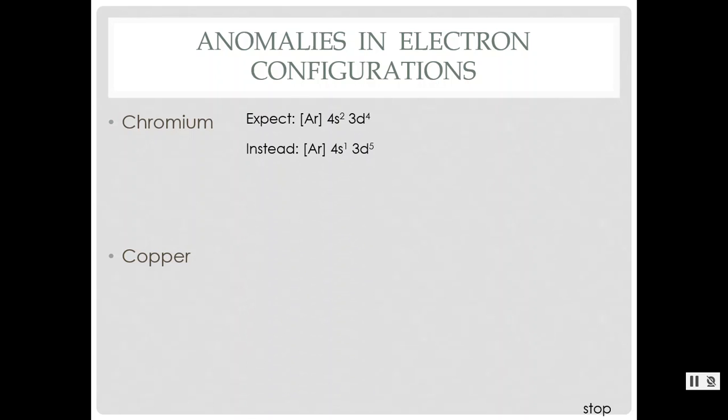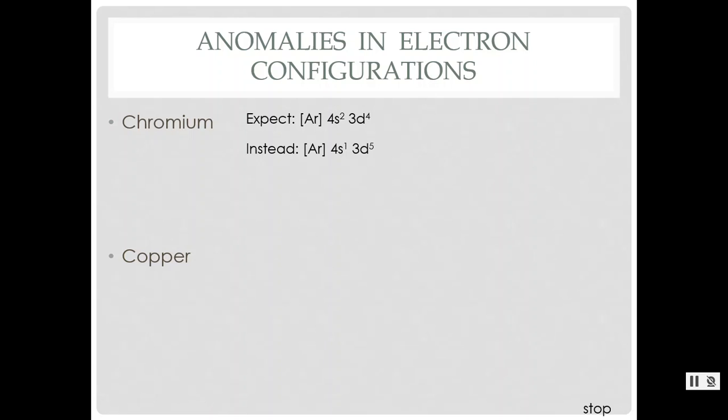Well, it turns out that if you look it up in your chemistry book, or in any chemistry book, or do experiments, the actual observed electron configuration that fits Schrodinger's equation isn't 4s2, but it's 4s1, 3d5. So one of those electrons from the 4s orbital got transferred to the 3d orbital.